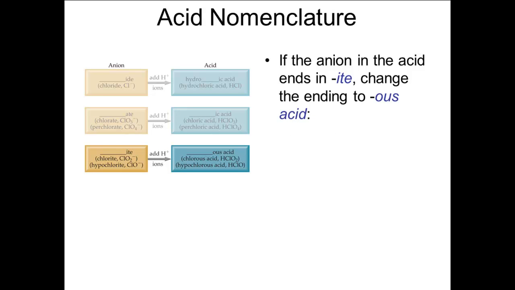If the anion has the ending ITE, the ending is changed to OUS. Any prefix that the anion had is retained. For example, HClO2 is called chlorous acid, and HClO is hypochlorous acid.